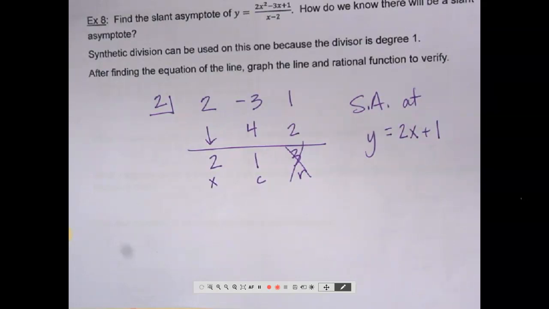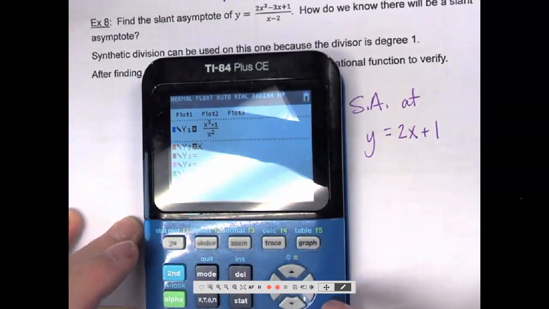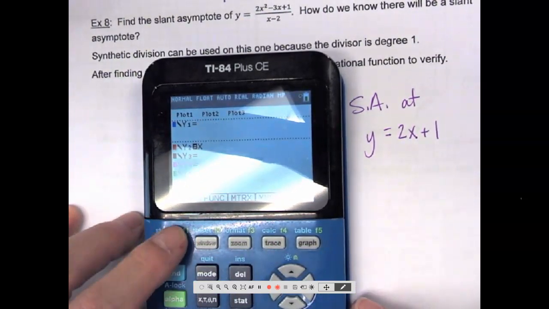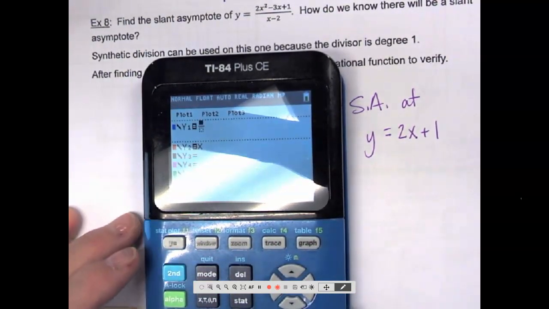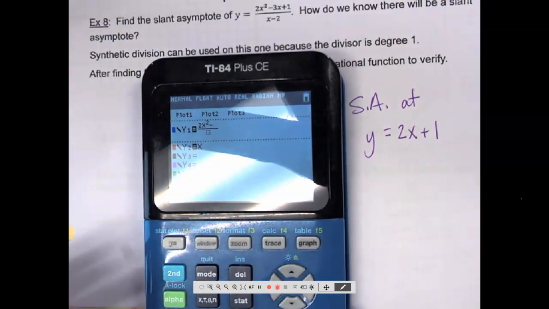All right, shall we graph it? You want to see it? Seeing it is believing it. We've got 2x squared minus 3x plus 1 over x minus 2.